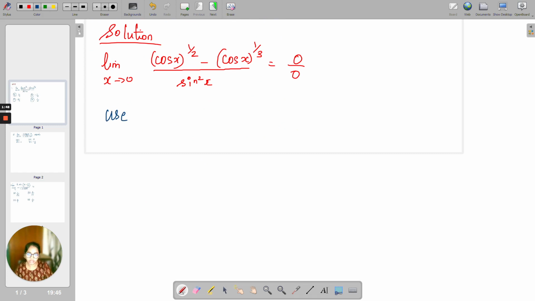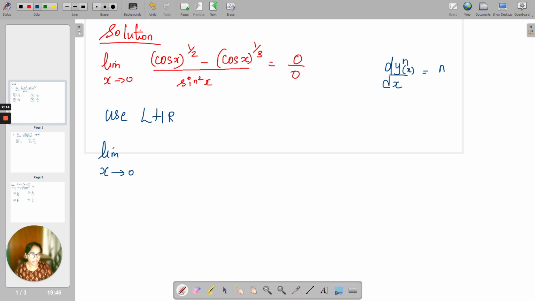Let's use L'Hospital's rule. For L'Hospital's rule, we have to differentiate the numerator. What is the differentiation of y power n with respect to x? Say y is a function of x.